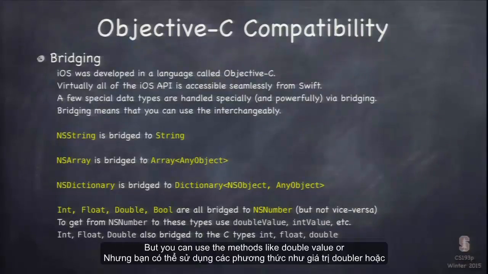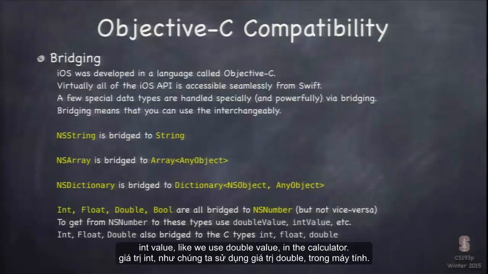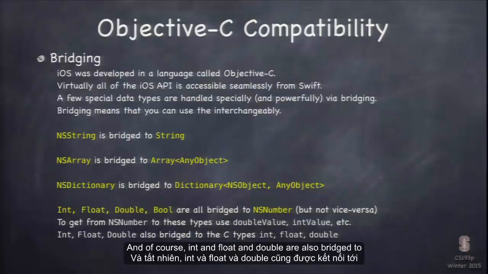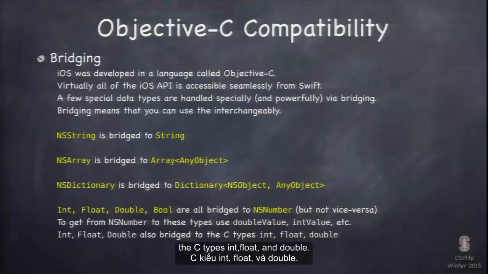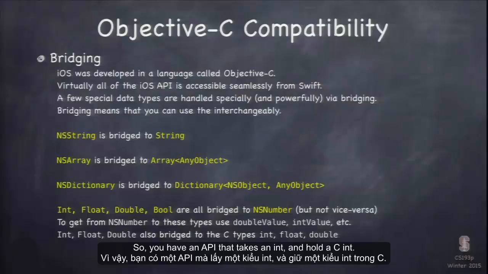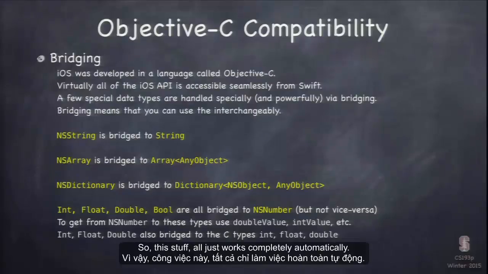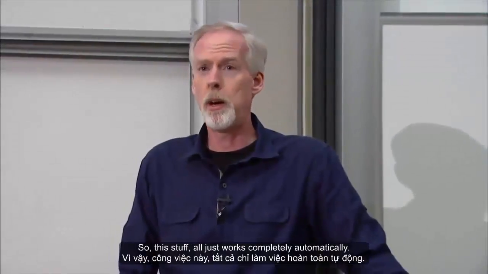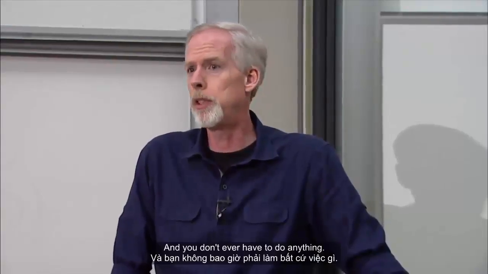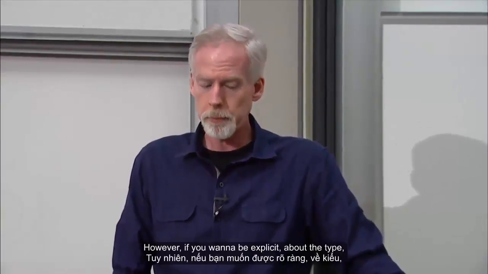But you can use methods like doubleValue or intValue, like we use doubleValue in the calculator. And of course, Int and Float and Double are also bridged to the C types, int, float, and double. So if you had an API that takes a C int, it'll be bridged to take the capital I Swift Int. So this stuff all just works completely automatically, and you don't have to do anything, and it just works.